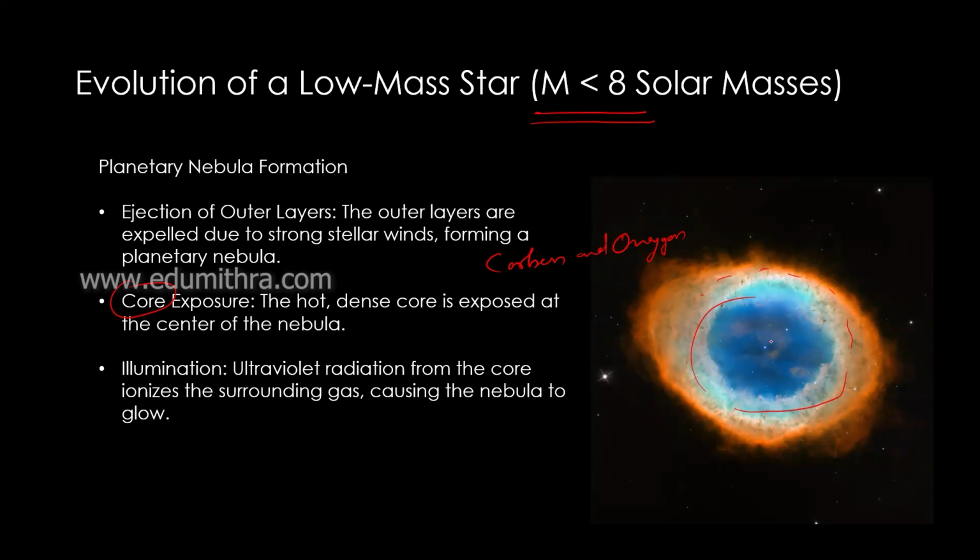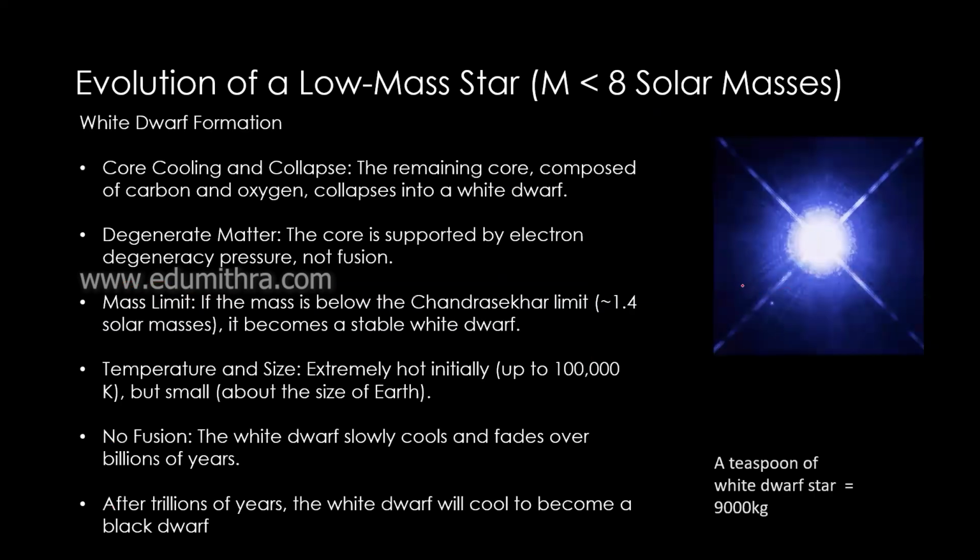Now that core remains there as something called a white dwarf. That will be the final stage of the star, or rather the final stage of that core. The remaining core, composed of carbon and oxygen, cools and collapses into a white dwarf.